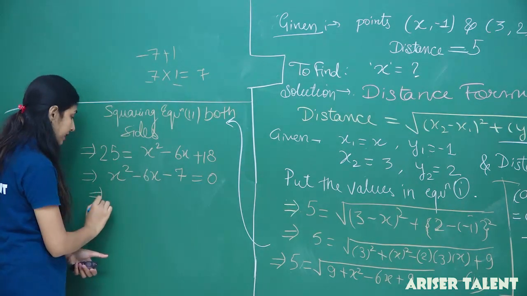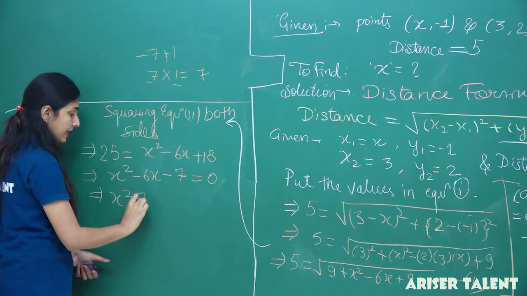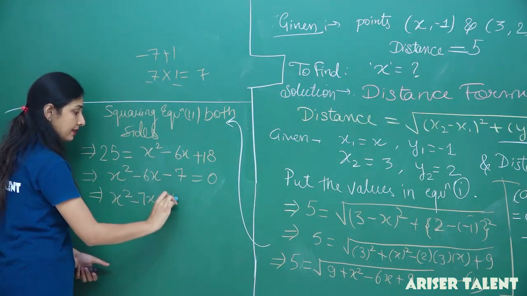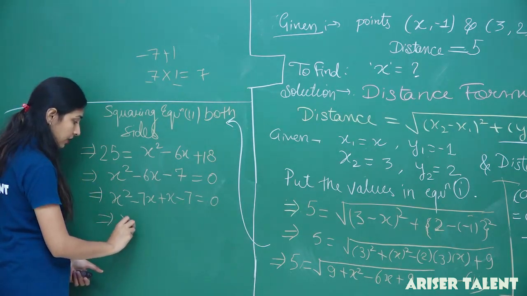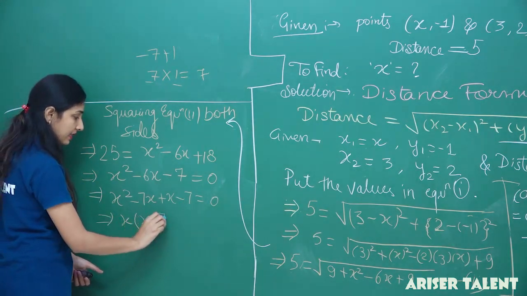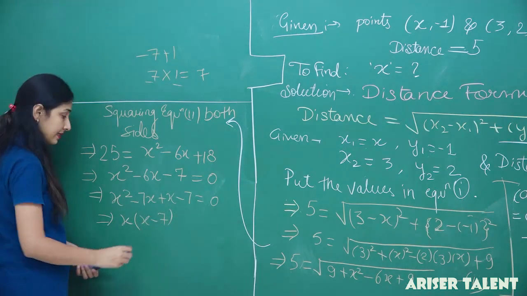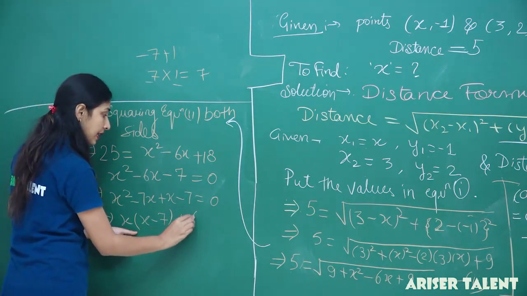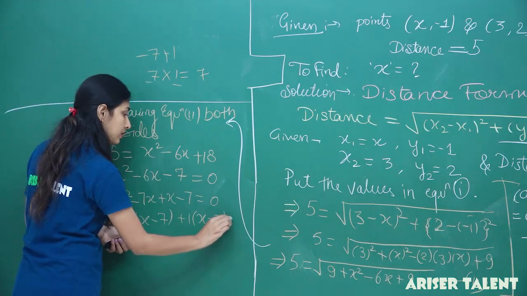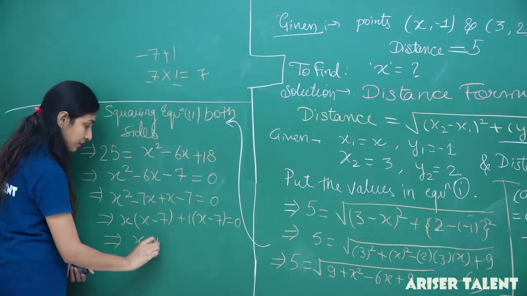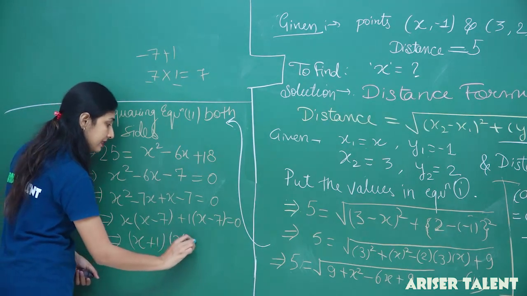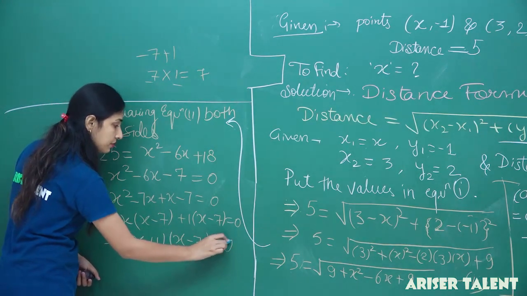So we will write it in that way: x square minus 7x plus x minus 7 equals 0. Now, can we take the common x here? x minus 7 here and plus 1 times (x minus 7) here equals 0. Here, I will be having (x plus 1) and (x minus 7) equals 0.